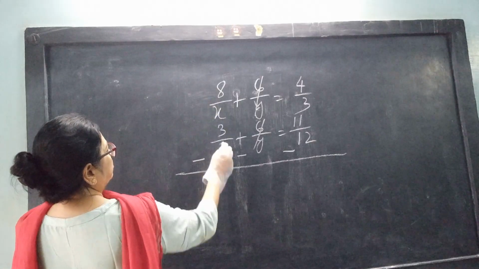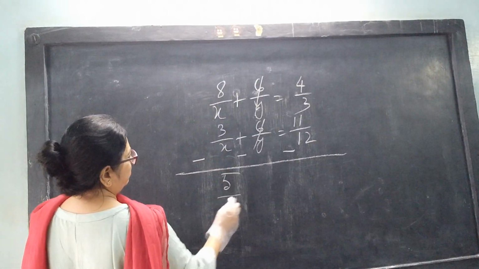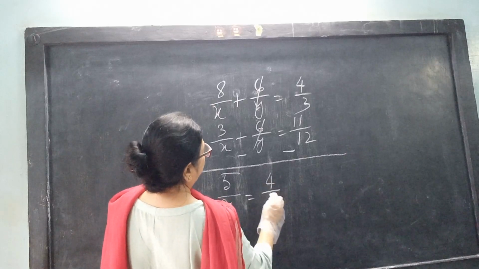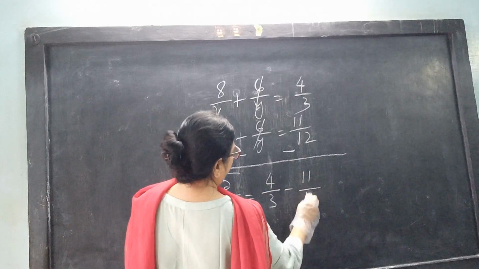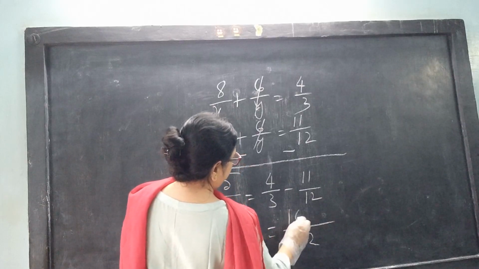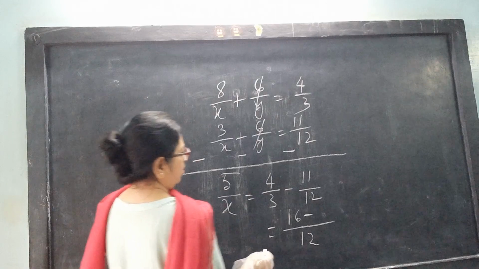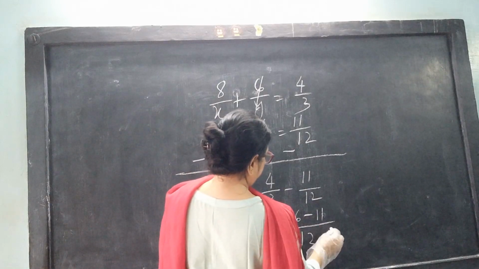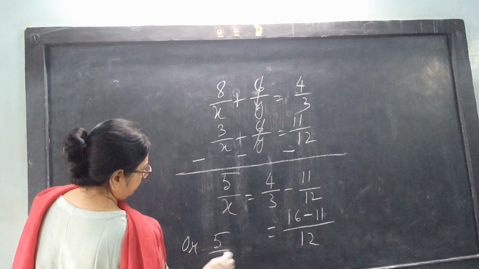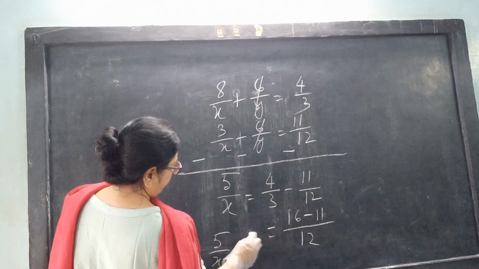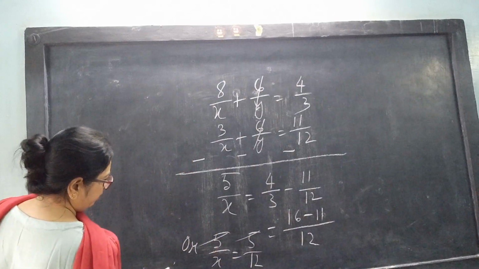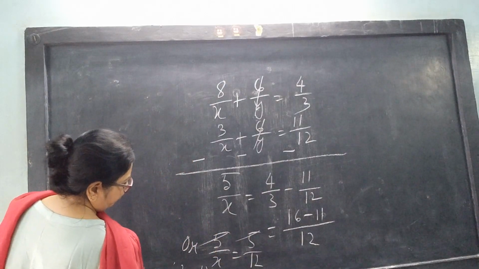Now 8 by x minus 3 by x is 5 by x, 8 minus 3. And here write 4 by 3 minus 11 by 12. What is the LCM? 12. So 16 minus 11, so 5 by x equals 5 by 12. The 5s we can cancel. Therefore, x equals 12.